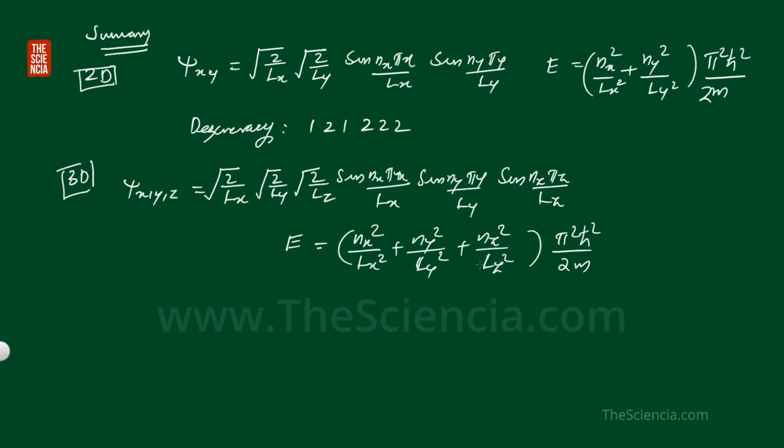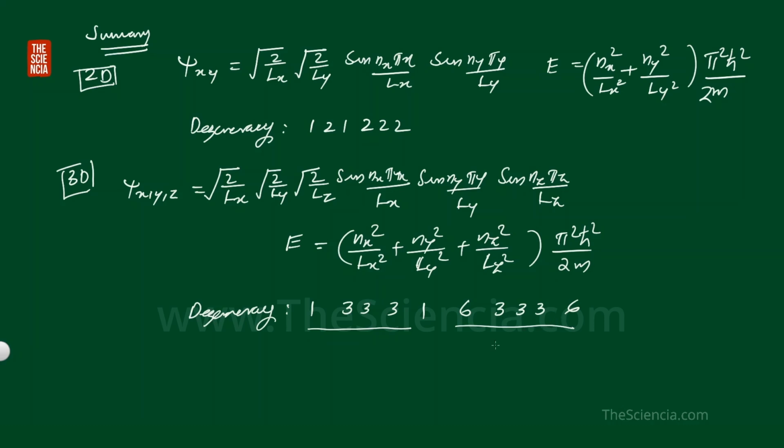And the degeneracy is 1 3 3 3 1 6 3 3 3 6. Okay, remember this order. Please remember this degeneracy.